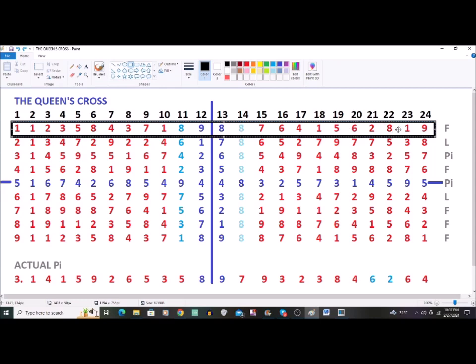And what this means is after 24 numbers within the line, if you do the reduced number line here, it repeats over again. So every 24 digits, the pattern repeats, which is kind of fascinating to say the least.